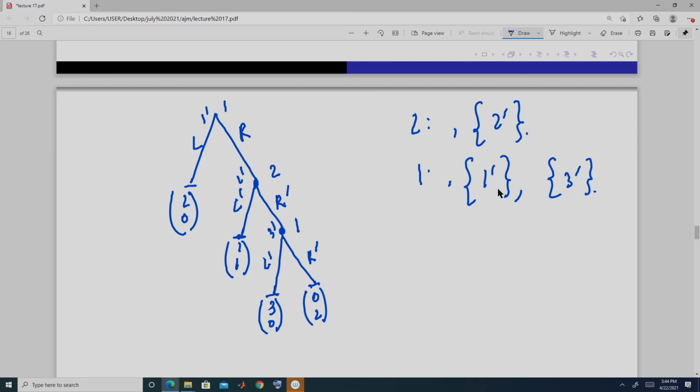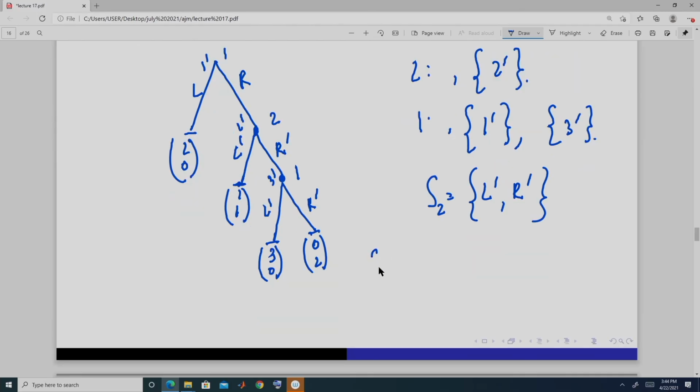So, it has 2 contingencies, player 2 has only one contingency. So, the action strategy set of player 2 is L dash and R dash. But for player 1 it is L and next it is L dash, then again L and R dash, this is for the second contingency.